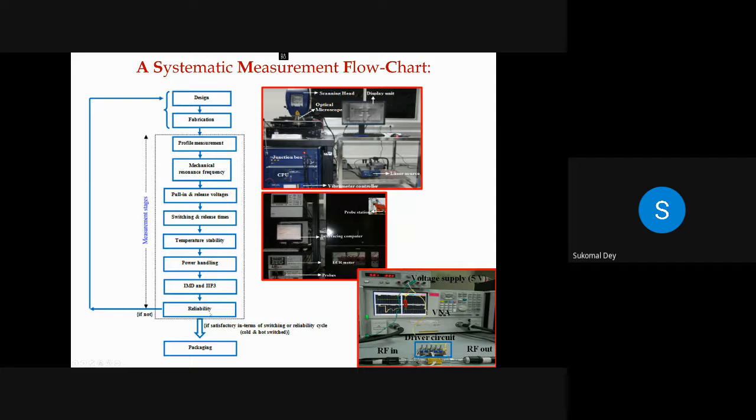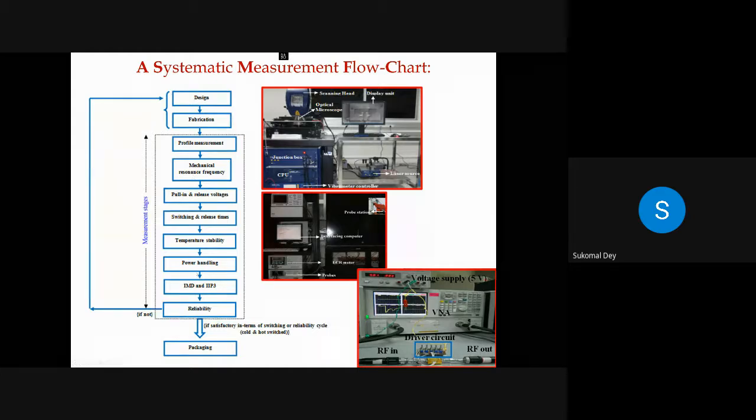Rather, you want your switch to actuate 10 billion times. If you are happy with the reliability numbers, you can go to the packaging stage, or else you have to go back and make a new design. So that is the entire flow on which you make your own data sheet before you use the switch for certain applications.